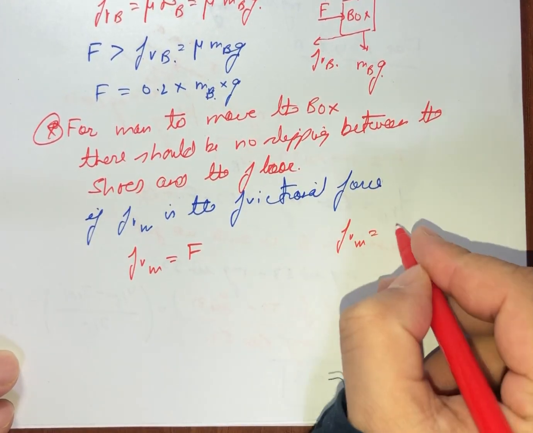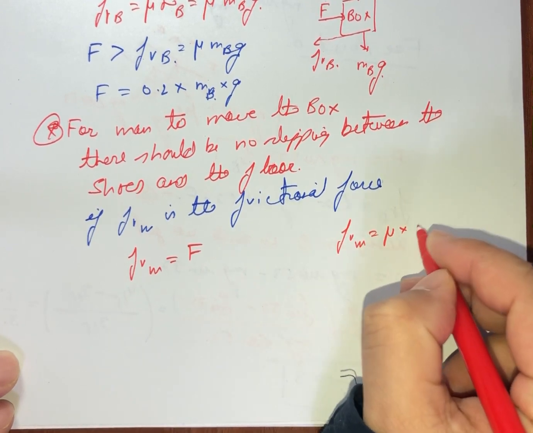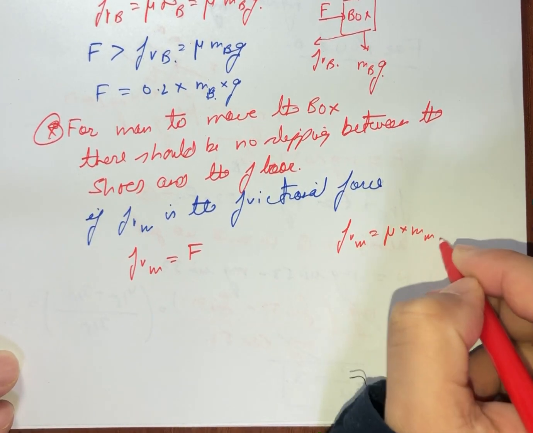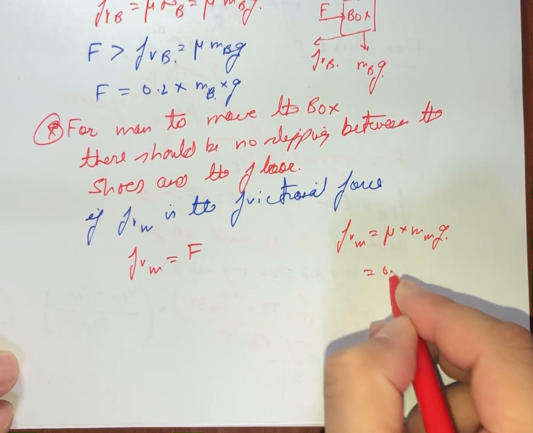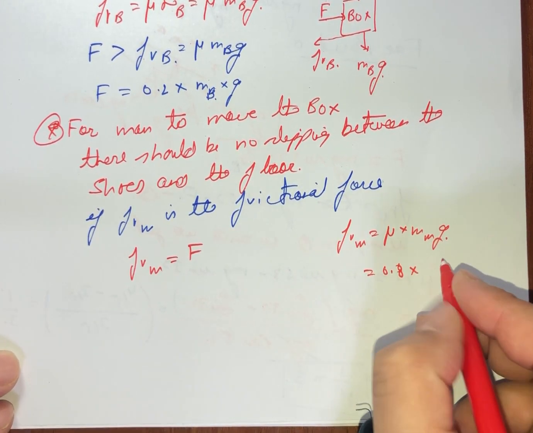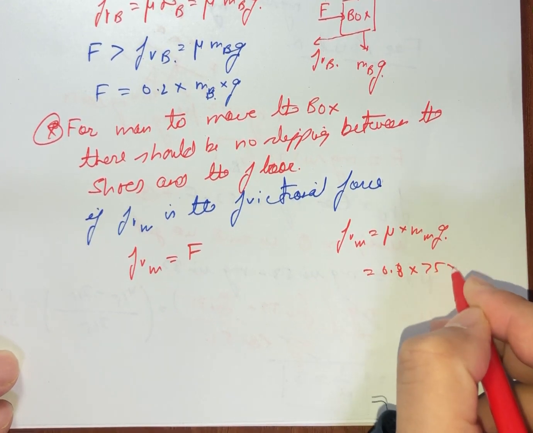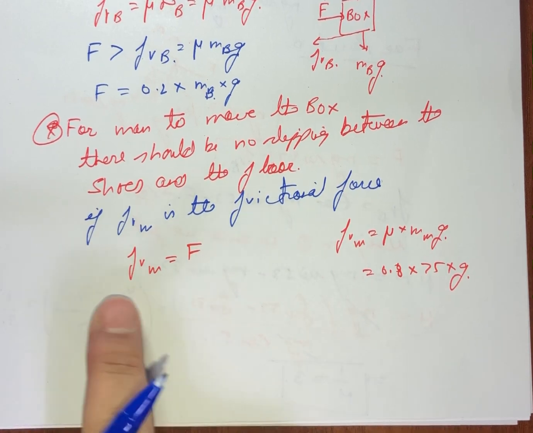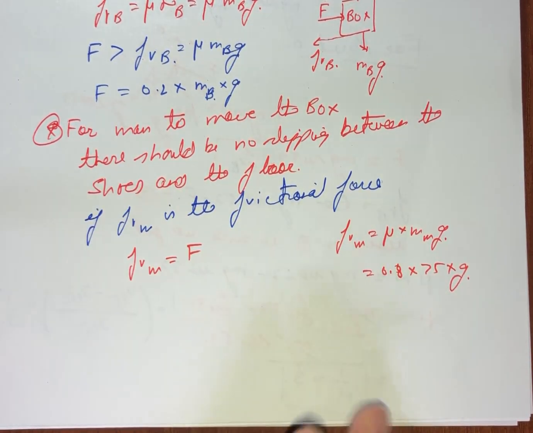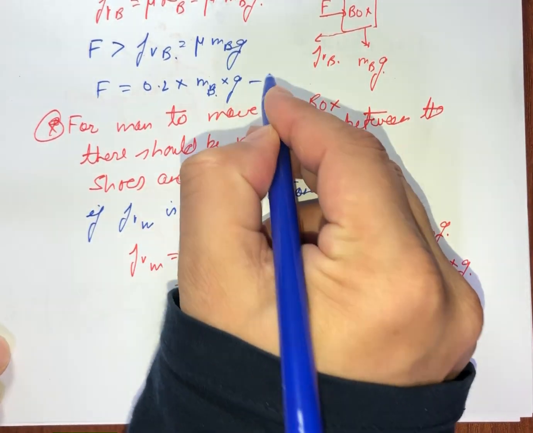FRM will be equal to mu multiplied by the mass of the man multiplied by G. Mu is given as 0.8, the mass of the man is 75 kg, and multiplied by g. So we substitute both values, FRM as well as the value of F. So let us call this equation 1.